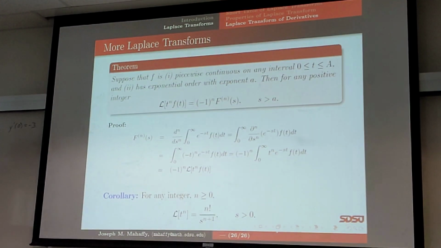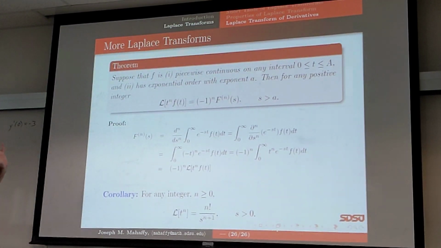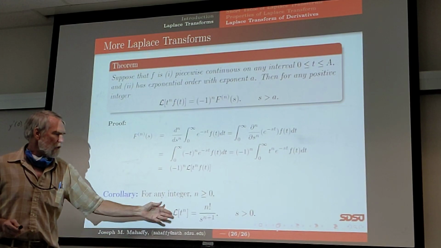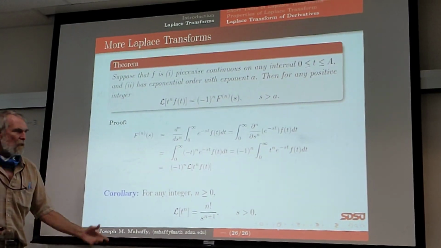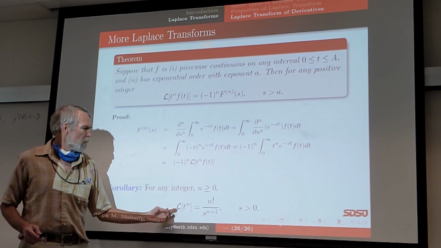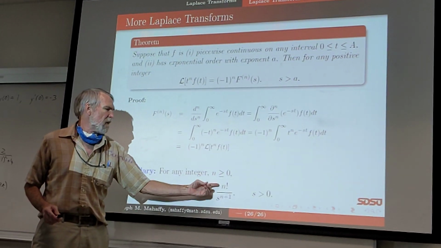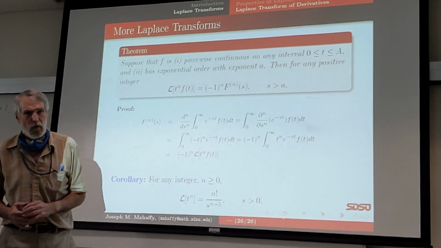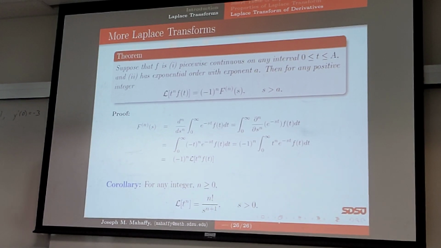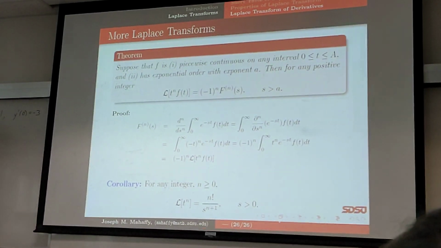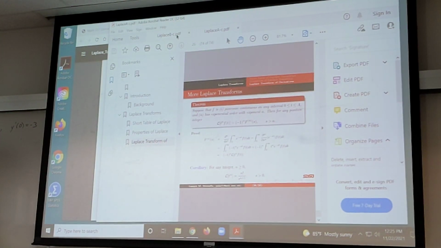The review sheet has, as you look through this, which is just integration by parts, you end up with a very useful category: the Laplace transform of t to the n is n factorial over s to the n plus 1. Okay, so that's it. Let's move on to the next one.